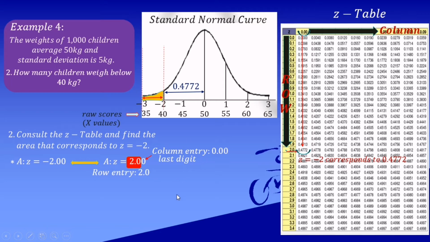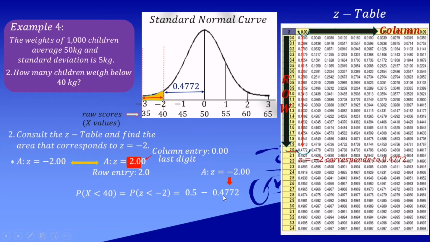Since alam natin ang half of the normal curve is 0.5, then the probability notation x less than 40 is equivalently to probability notation z less than negative 2. So 0.5 yung kalahati ng ating normal curve. Subtract natin yung unshaded region of the area of z.